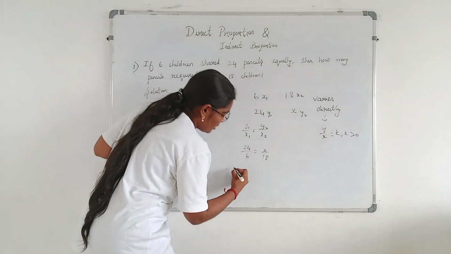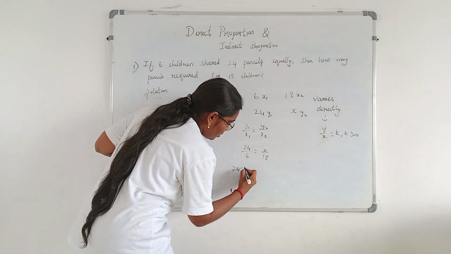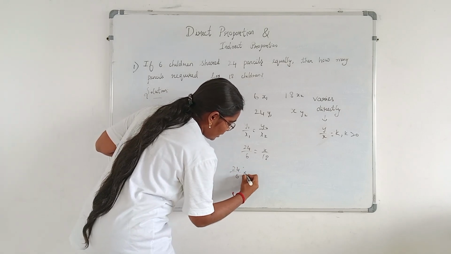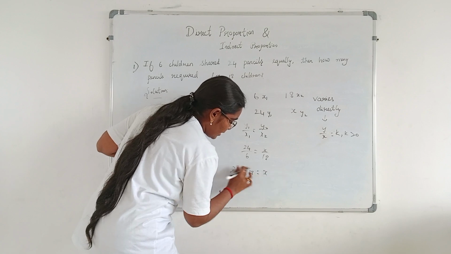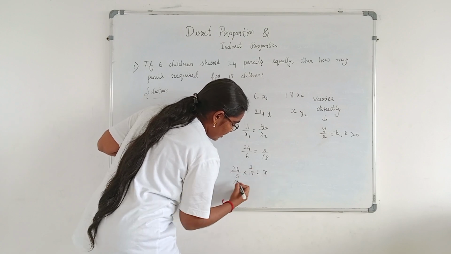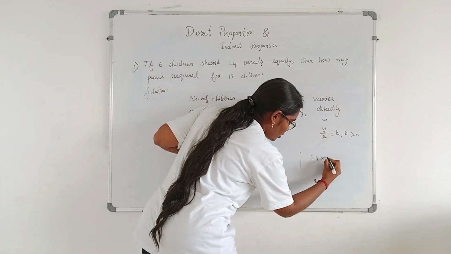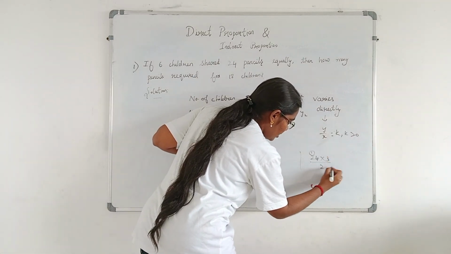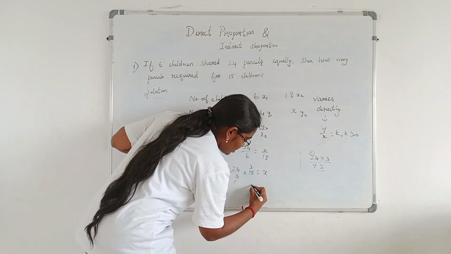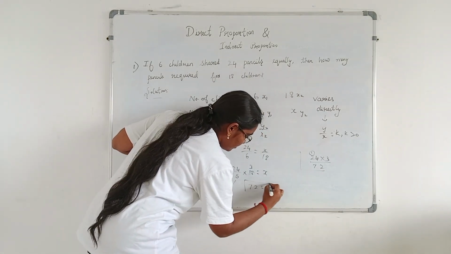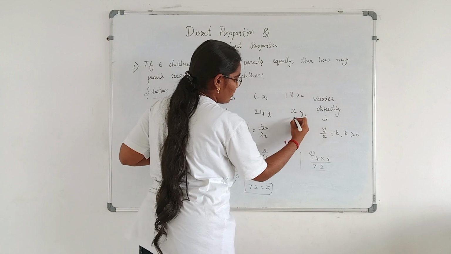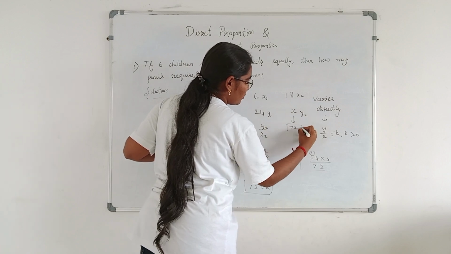So what will you get? x equals 24 by 6 into 18. By further simplification, 6 goes into 18 three times, so 24 into 3, 72. So 72 pencils. Here the value will be 72.